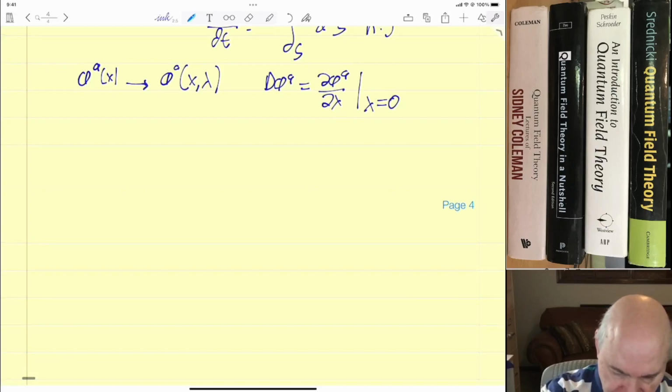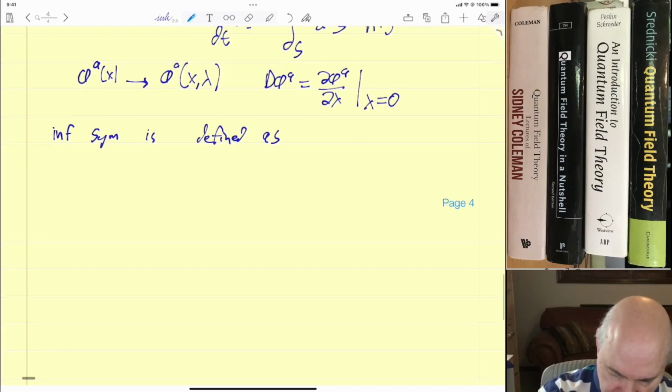Now because we're working locally, we define the infinitesimal symmetry as dL equal to the partial of mu of F^mu.